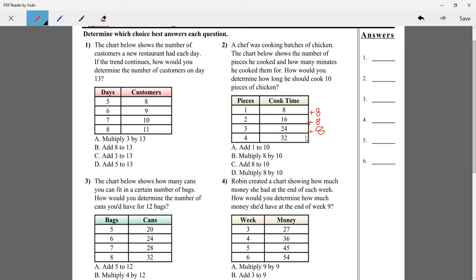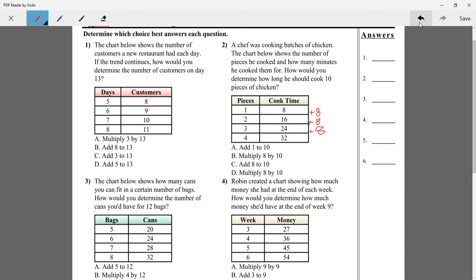Anyway, the answer, how would you determine how long you should cook 10 pieces of chicken for, is, I know that since I'm just multiplying the amount of pieces by 8, then the answer would be B, right?